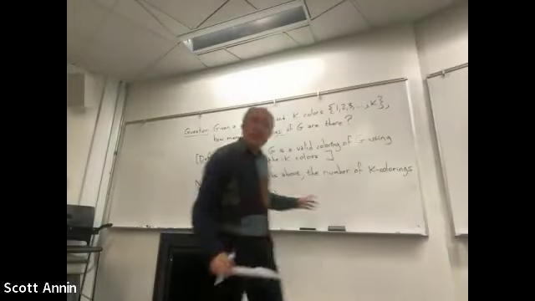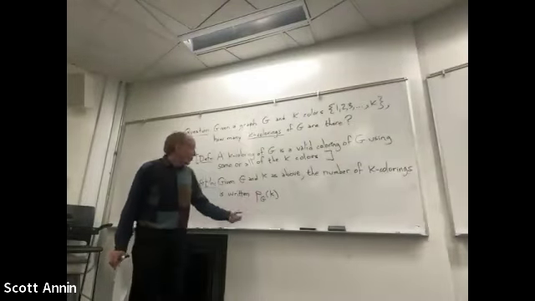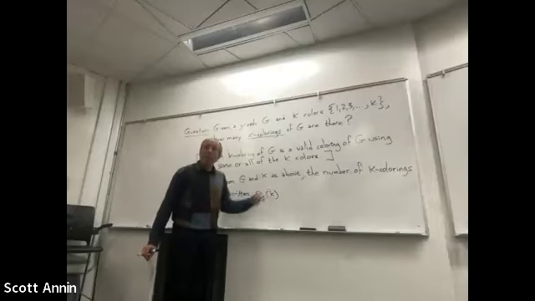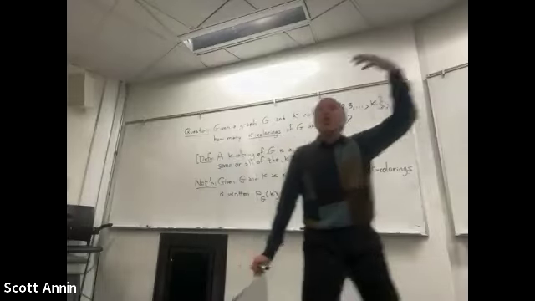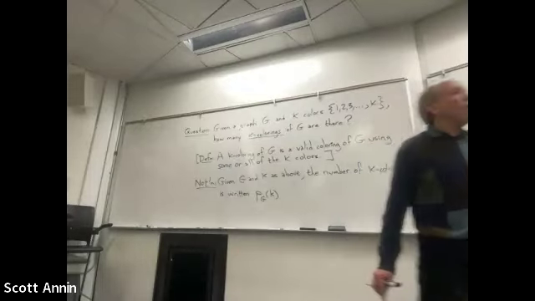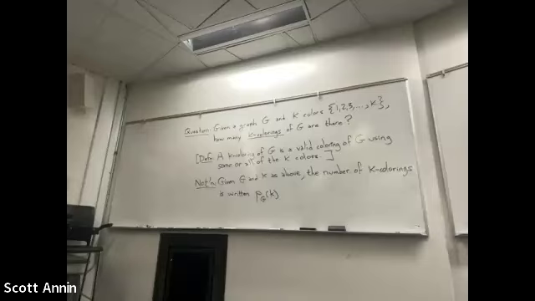This should be an increasing function. So we have P_G of 1, P_G of 2, P_G of 3, P_G of 4. As we add more colors, the number of ways we could color the graph should go up, if anything.